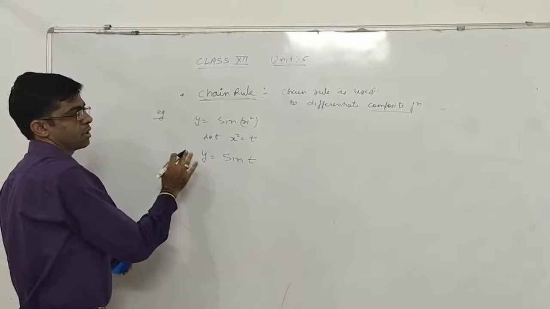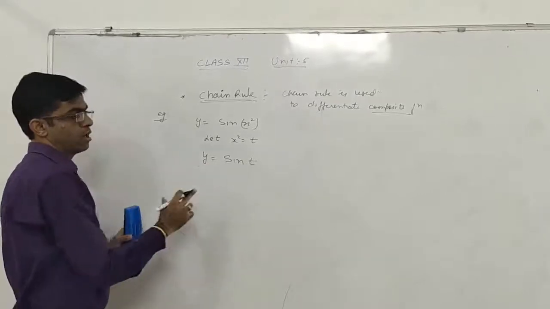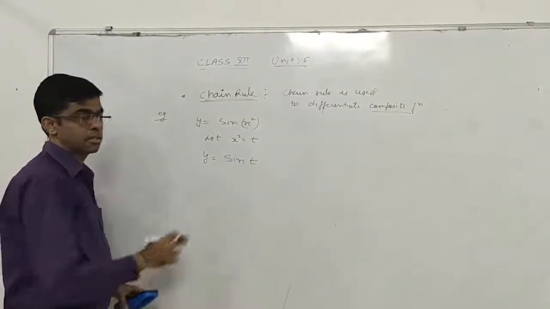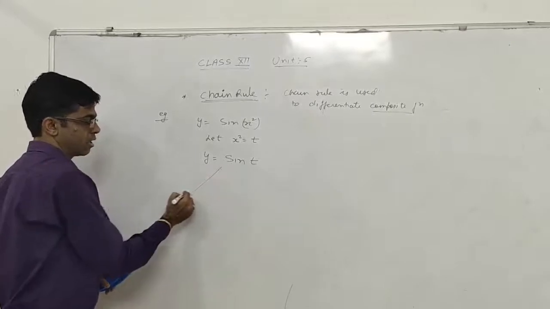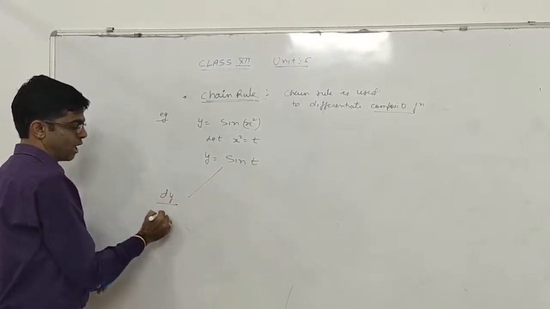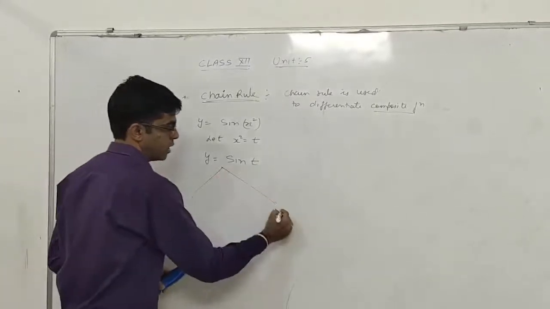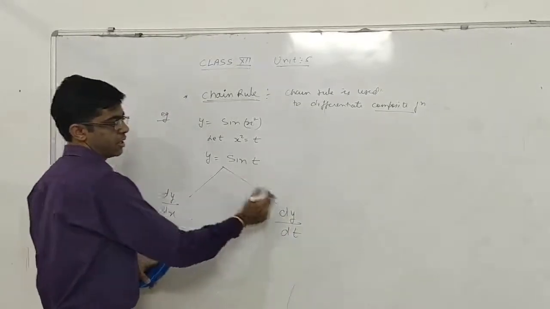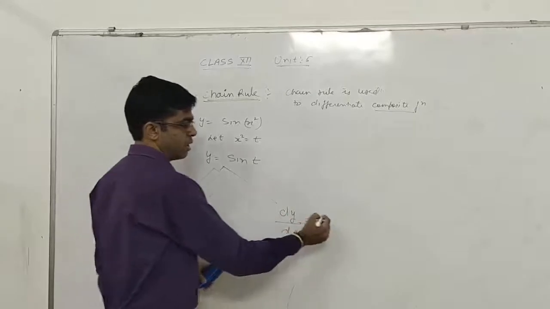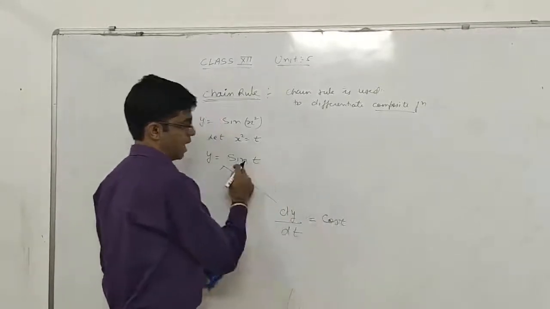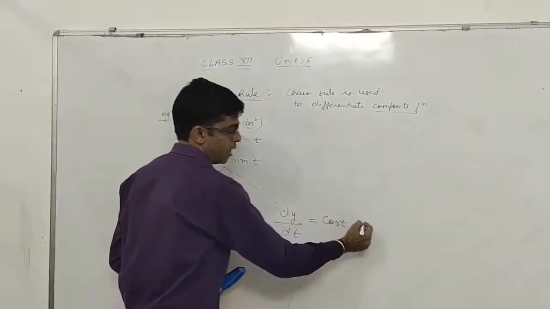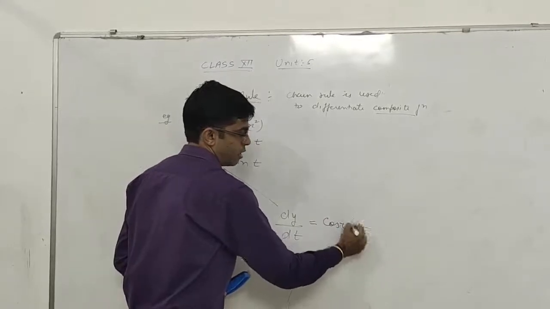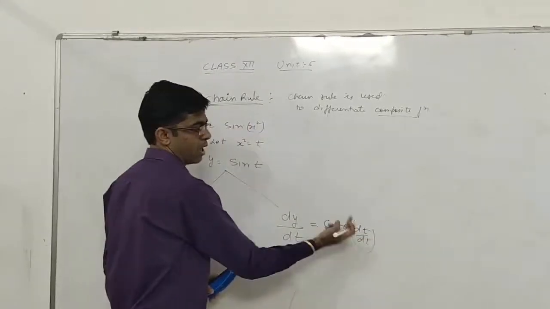Now there are two ways to differentiate this sin t function. We can either differentiate this with respect to x, or we can differentiate this with respect to t. But when we are differentiating this with respect to t, this is simply cos t, and dt upon dt, this t with respect to t is simply 1.